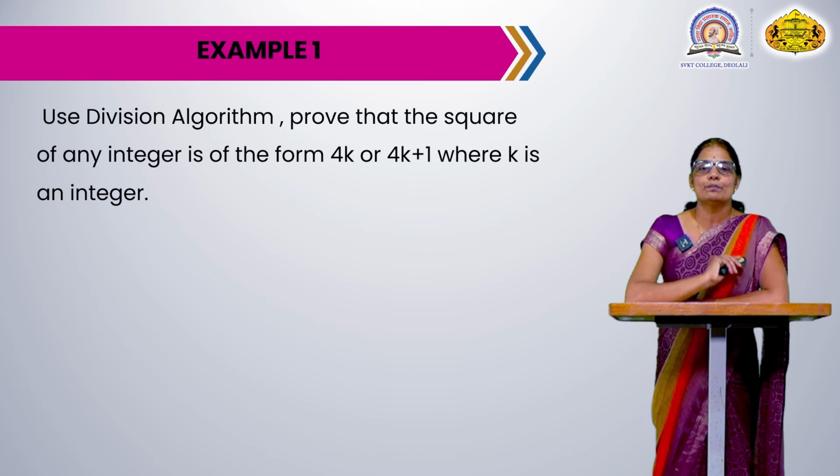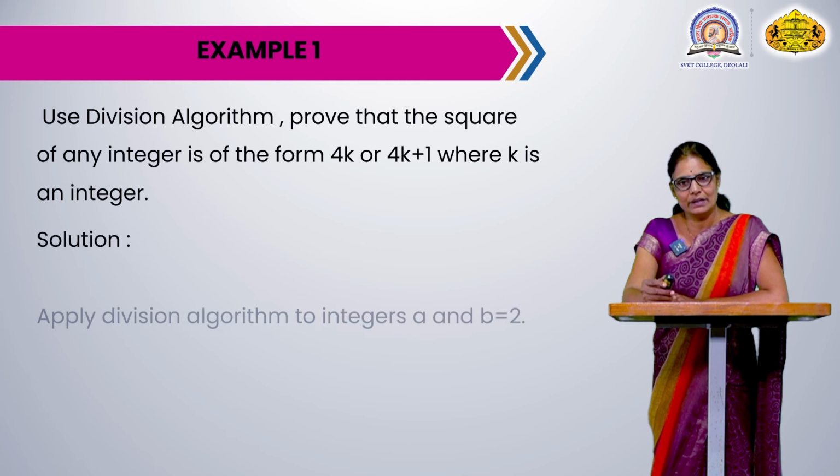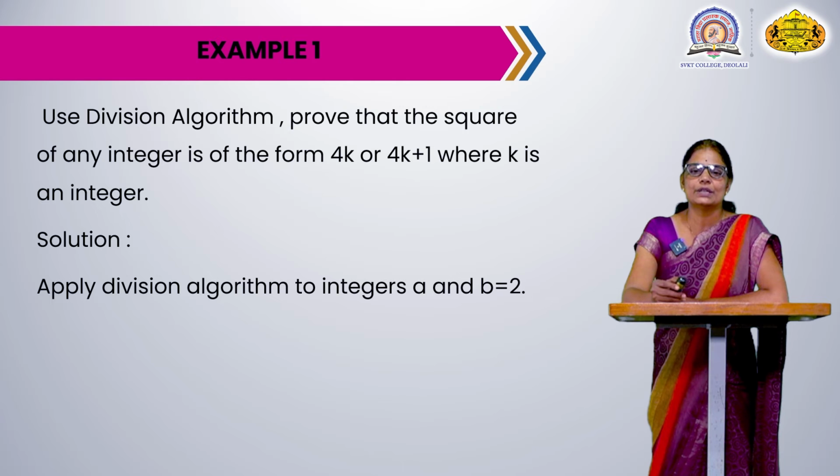So now to prove this statement, we consider a and we take b as 2. Remember this one. To prove this statement, we apply the division algorithm to the integers a and 2 here.